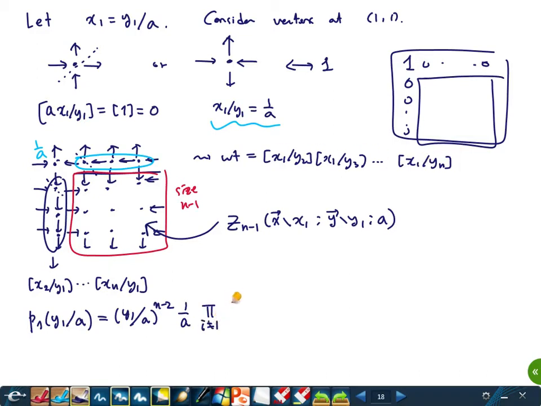For i not equal to 1, y1 over a, yi, xi over y1. Because now I replaced x1 by y1 over a. Okay, that's what happens over here. And finally, z n minus 1. Okay. This is what we found.